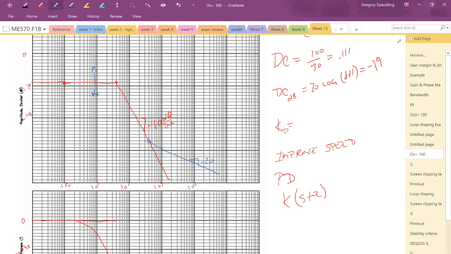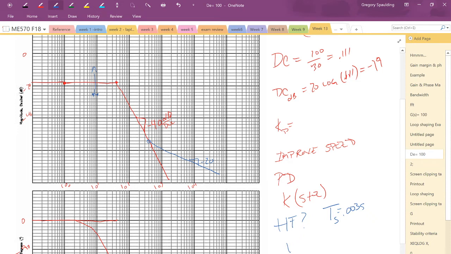And again, there's a couple ways that I would approach this problem. One is from a high frequency standpoint. What's our high frequency? Or what is our time domain specs? This time I'm going to give us a settling time of, let's say, 0.003 seconds. See if we can meet that.